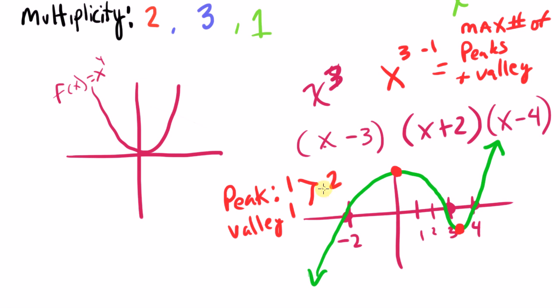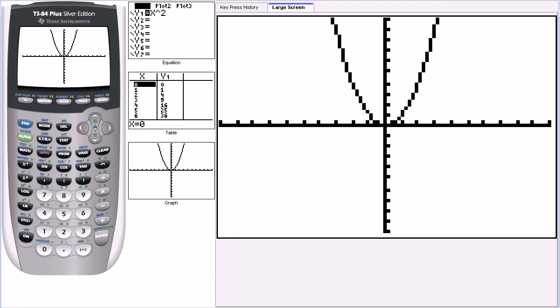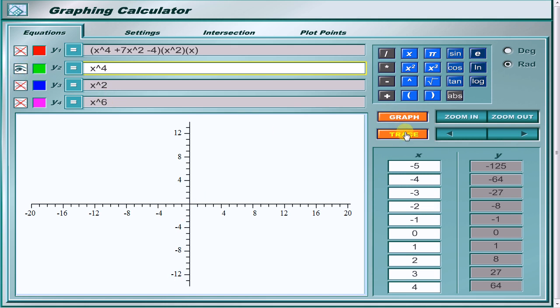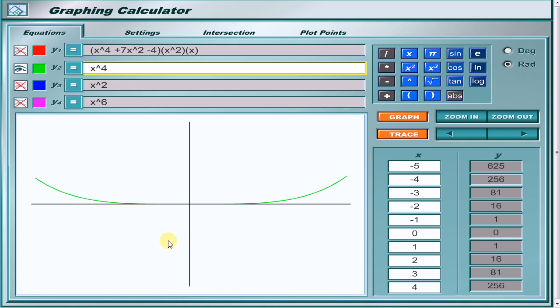Because look at this one. This is x to the 4th, right? I mean, this is its graph. That's a sketch of its graph. Its actual graph looks like this. So it's going to be the green one. Alright, so looking at this is where it gets tricky. How many peaks? How many valleys?